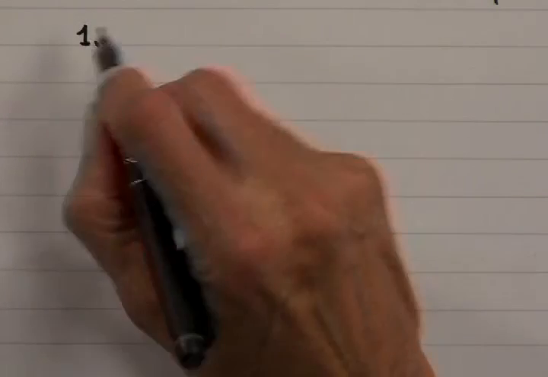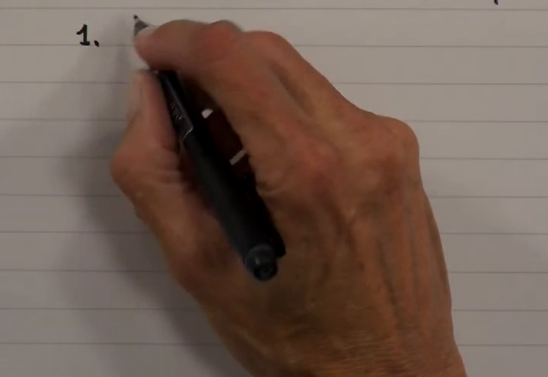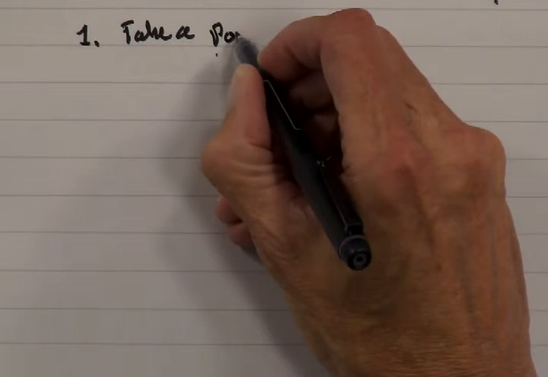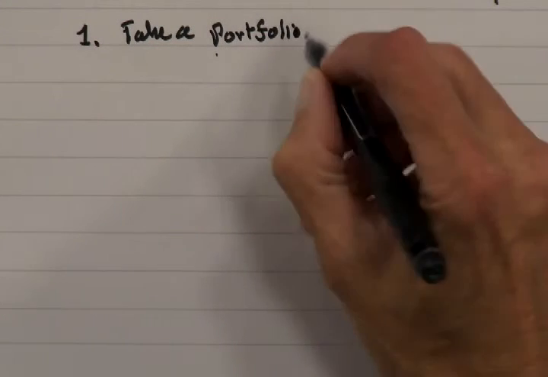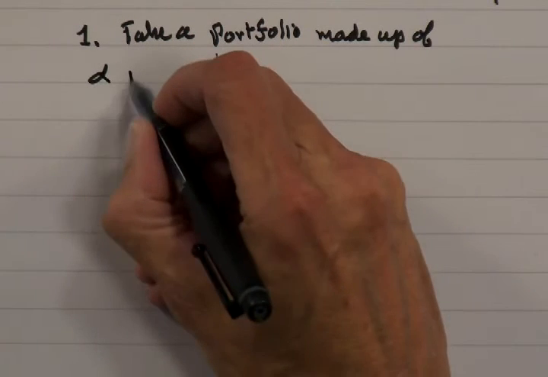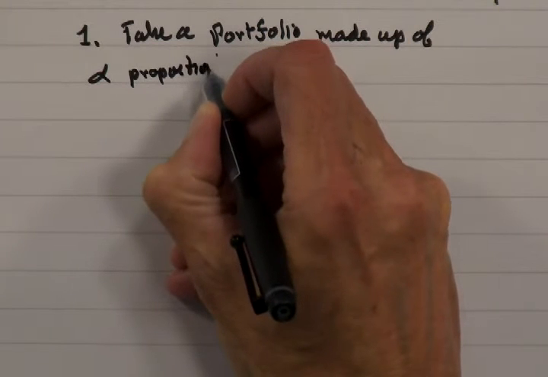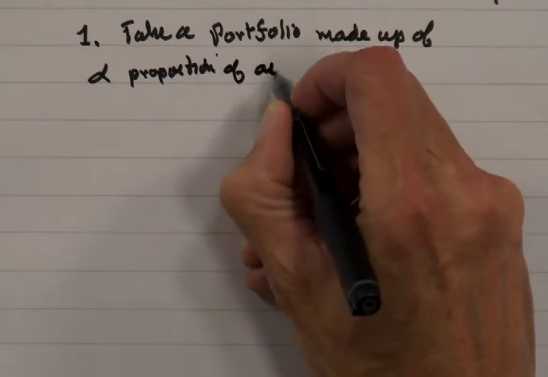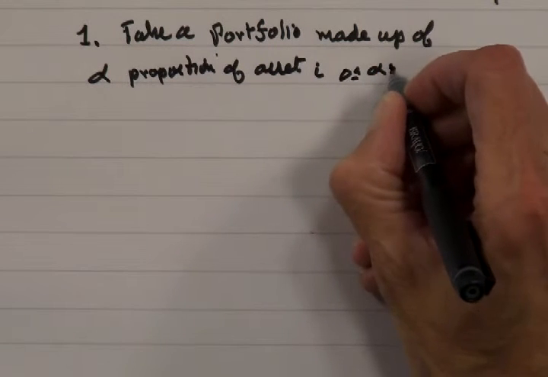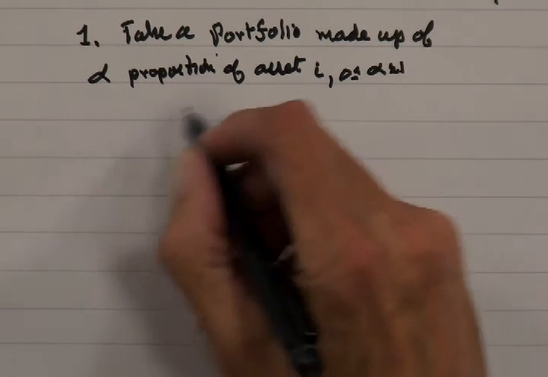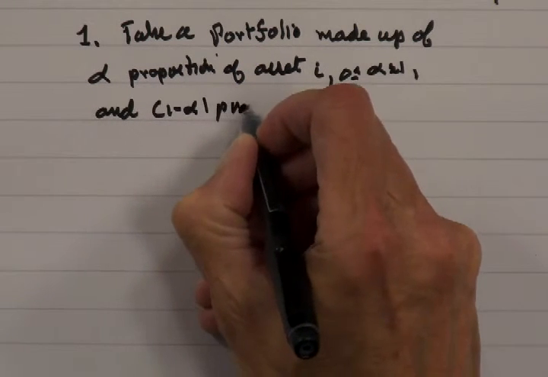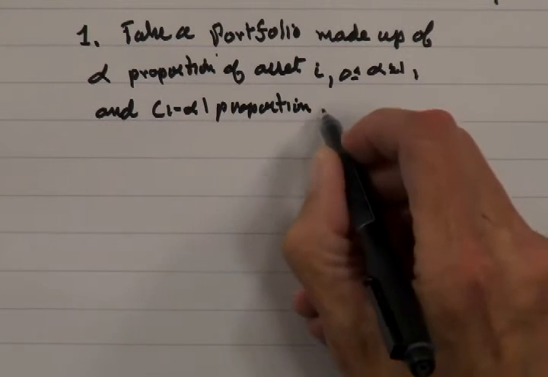First, we take a portfolio made up of alpha proportion of asset I, where alpha is greater than or equal to 0 and less than or equal to 1, and 1 minus alpha proportion of the market portfolio.